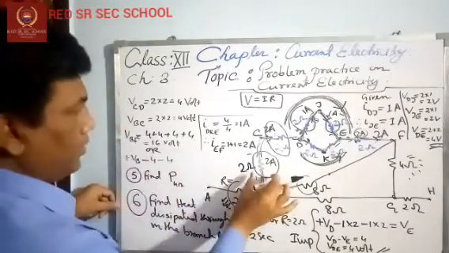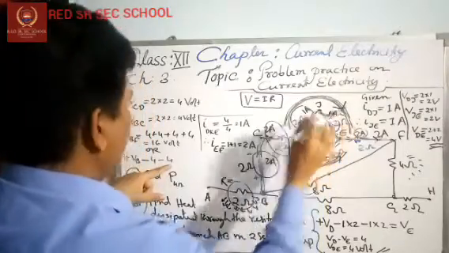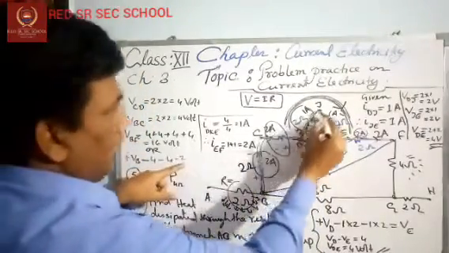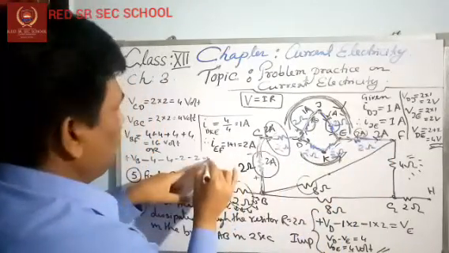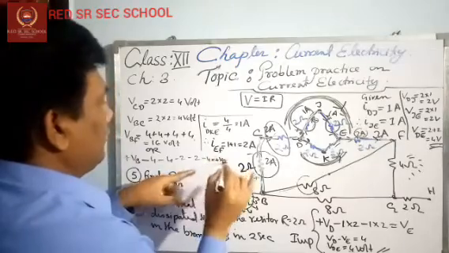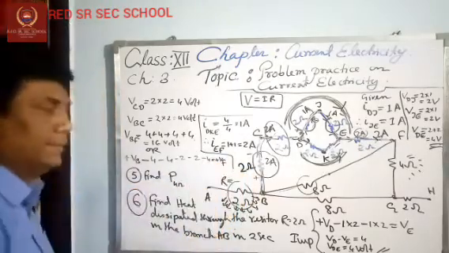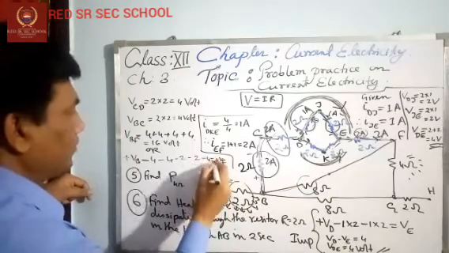So that is minus 4 here, that is minus 4 here. Now I am going this way. Here I will see minus 2, here I will see minus 2, then again here I will see minus 4, equal to VF. Okay, according to Kirchhoff's law.